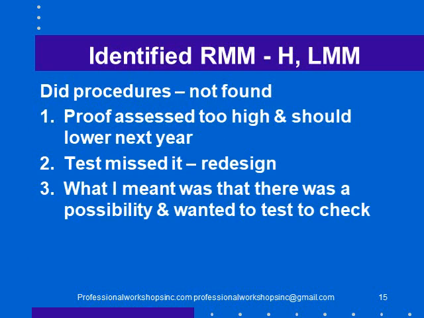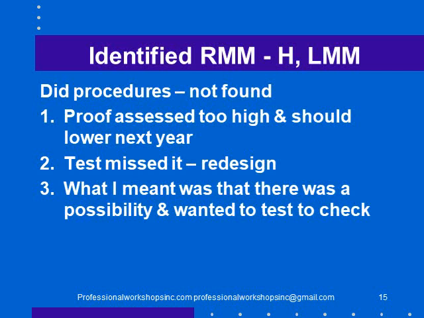Now, identified risk of material misstatement being high, and likely material misstatement, comparing them. Now, if you have identified risk of material misstatement as high, or you have identified material misstatement likely, and you did procedures and you didn't find anything, three possible conclusions. First thing you should conclude is, well, you assessed too high.